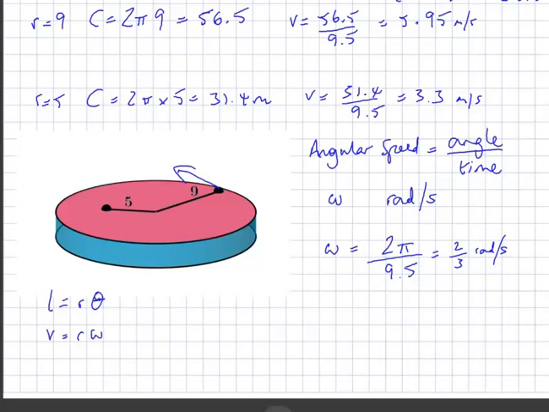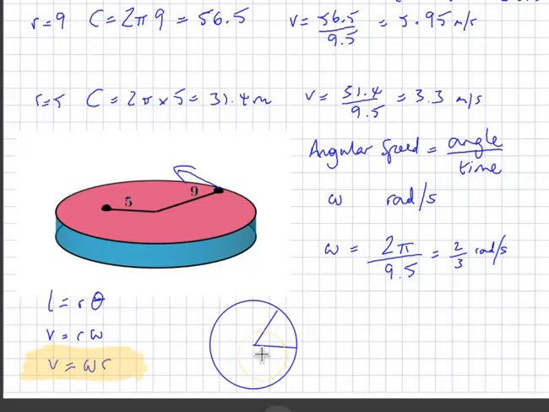We tend to write this formula the other way around, so it's usually velocity is equal to omega r, and that would be a fairly standard formula to just be aware of and know.